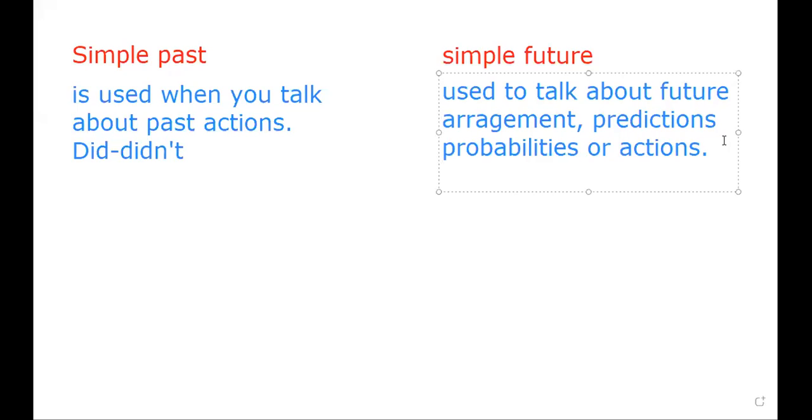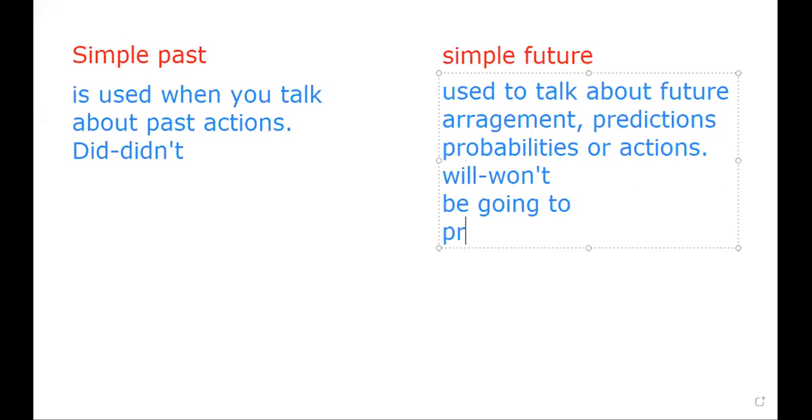It means three options, but the most common are will, or be going to. Also, we have the present continuous as a future. Yes, present continuous as a future. Okay.